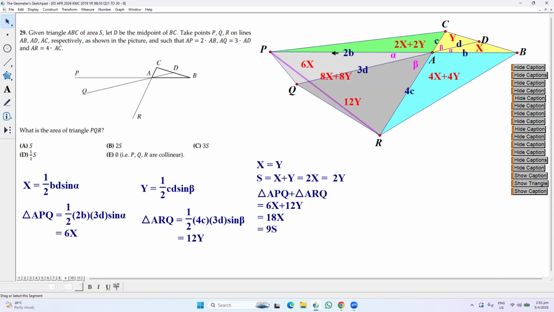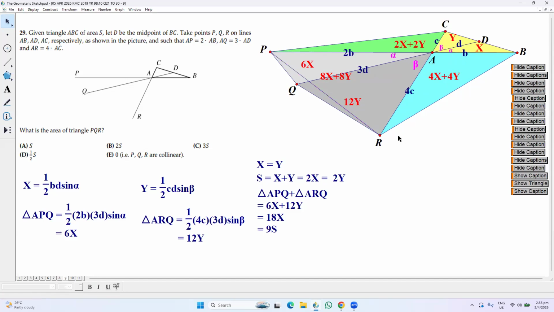This triangle up to here is only 8x plus 8y, double this one because here the ratio is 1 to 2. You look at this triangle: they share the same vertex, base 2 to 1, area double.